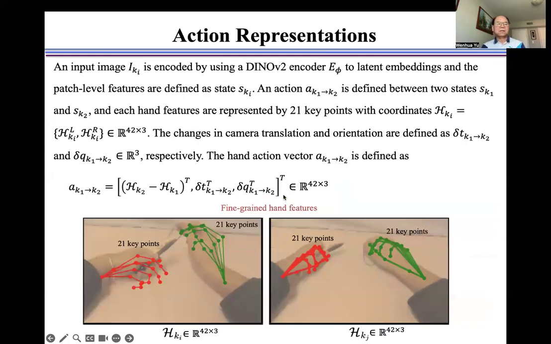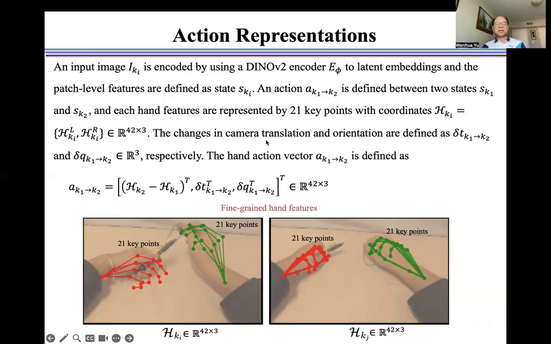An input image I_ki is encoded using a DINOv2 encoder E_phi to latent embeddings, and the patch level features are defined as a state s_ki. Action a_k1 to k2 is defined between two states s_k1 and s_k2, and each hand's features are represented by 21 key points with coordinates h_ki.